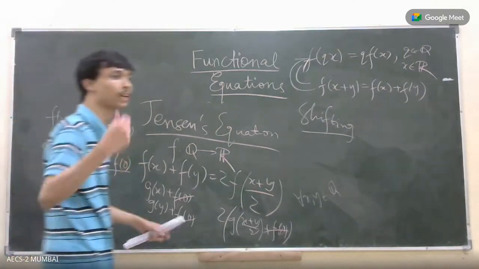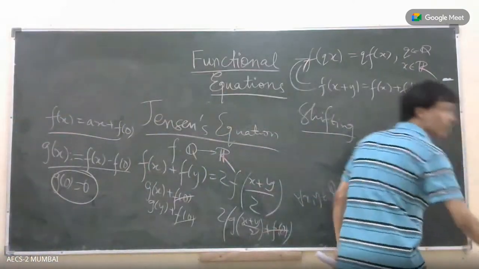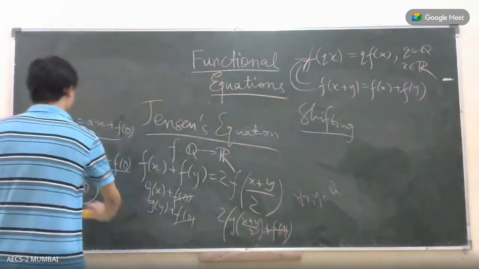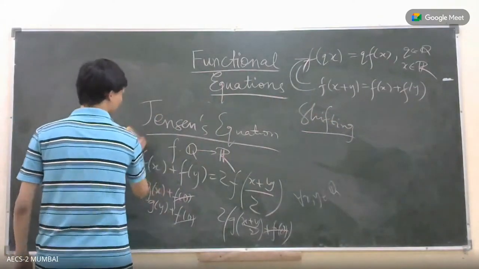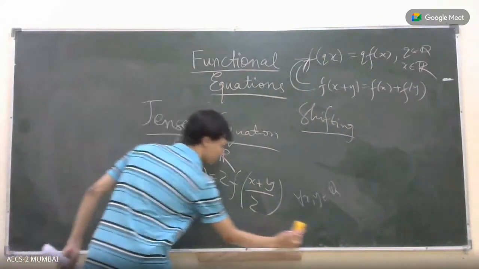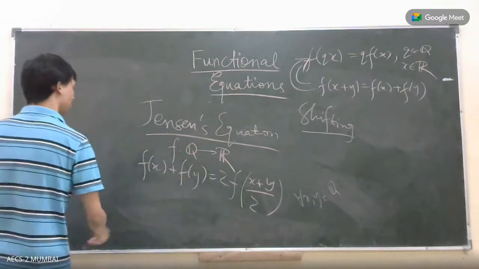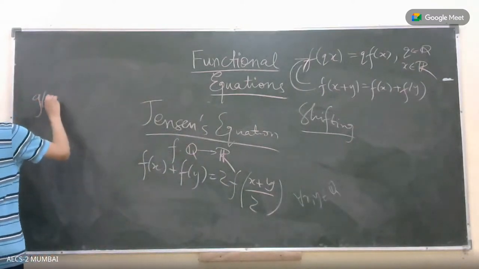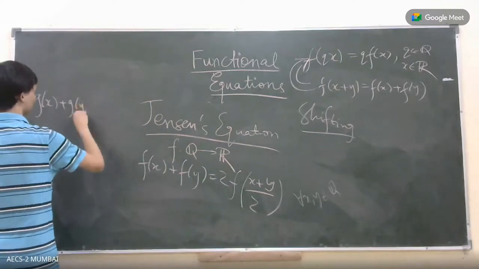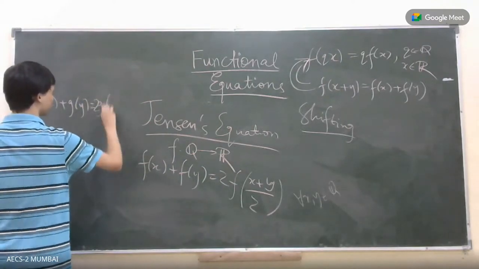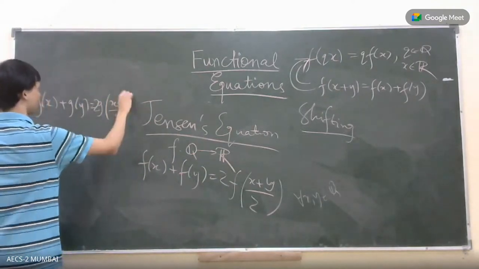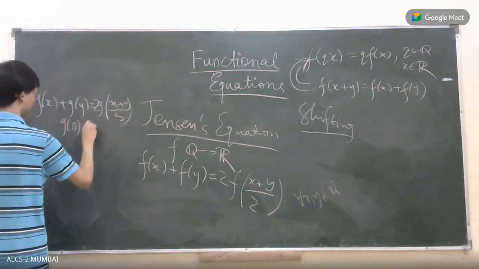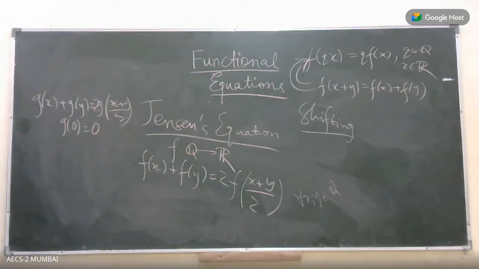So now we force g(0) to 0 by shifting. So we have g(x) + g(y) = 2g((x + y)/2), and we also have g(0) = 0.